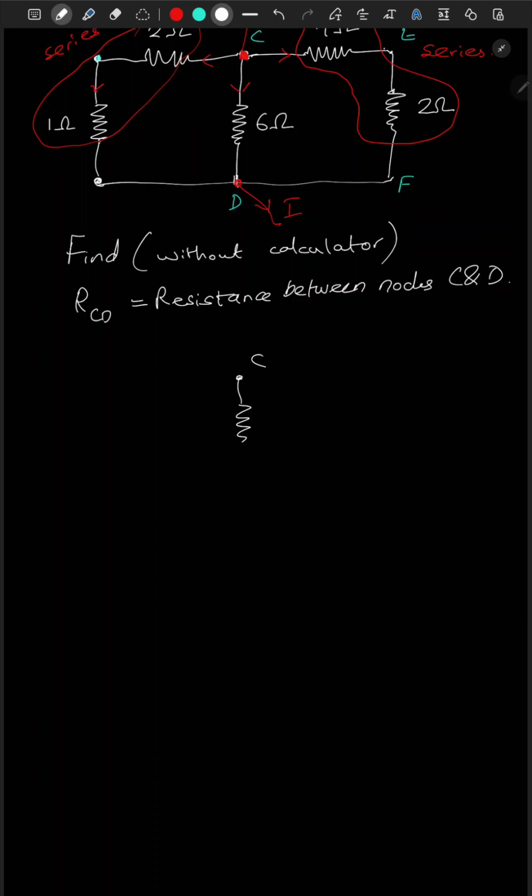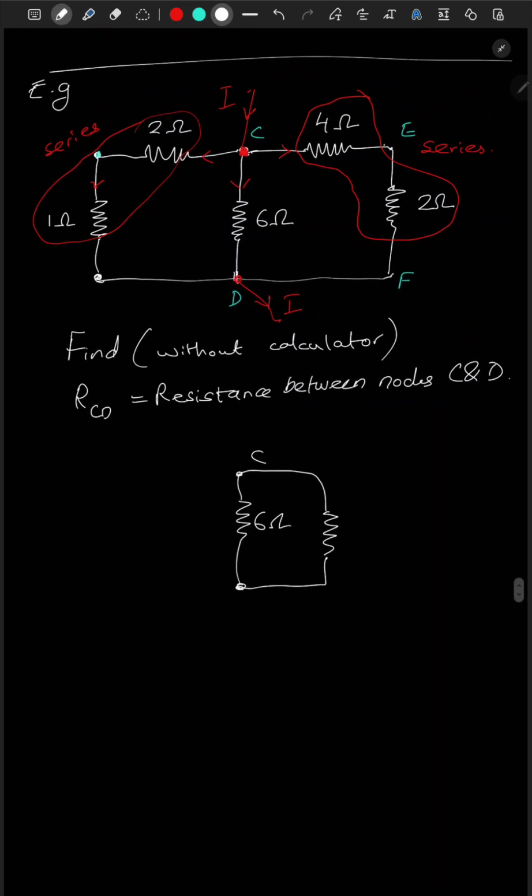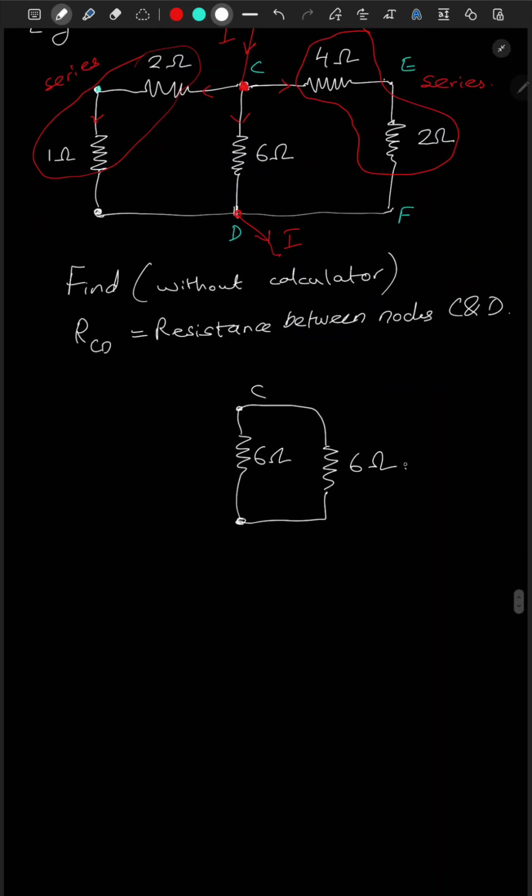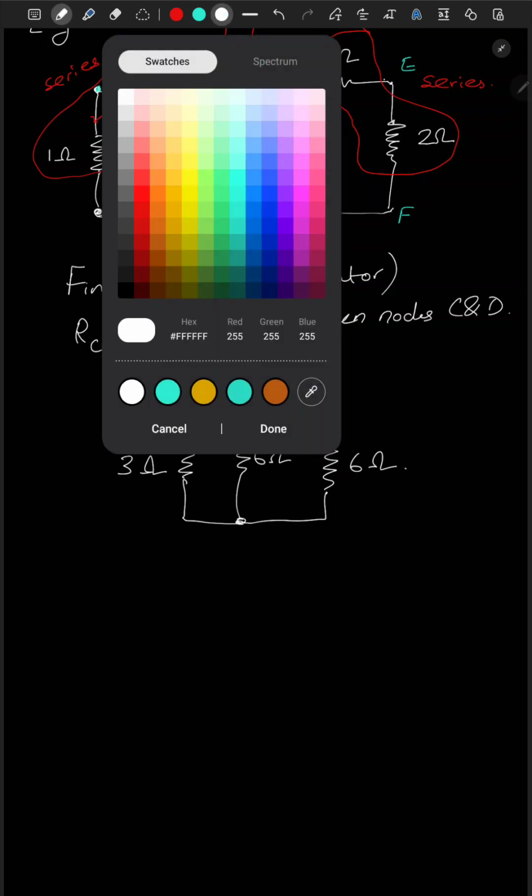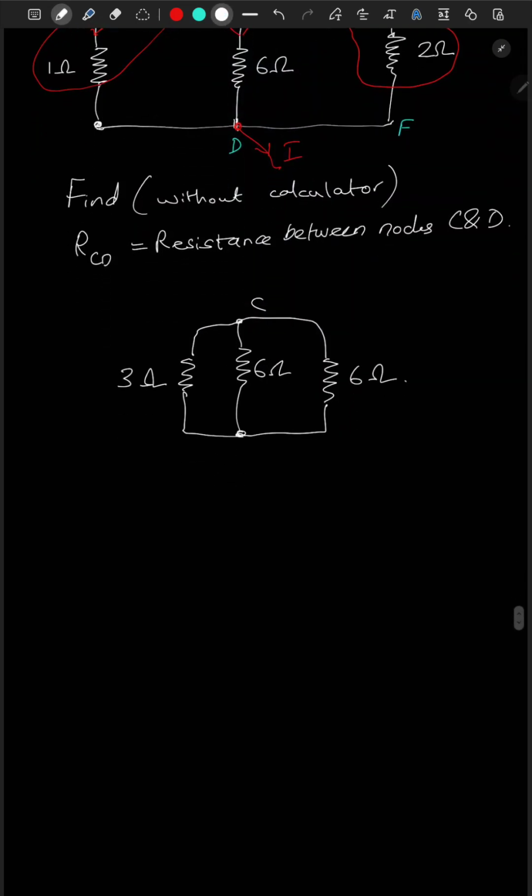We have 6 ohm, and here we have the 4 plus 2, 6 ohm, and here we have the 3 ohm. Now remember that here we have 3 resistors in parallel.